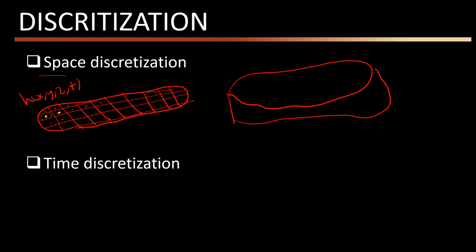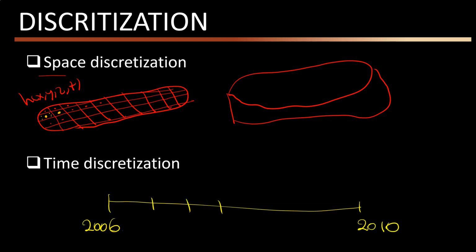But there's another form of discretization, which is temporal discretization. Again, we are going to go into the details of this, but for example, our model would start from 2006 to 2010. We can divide this into smaller, let's say, time steps.